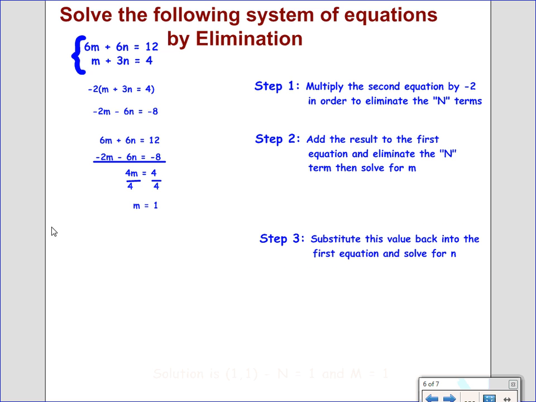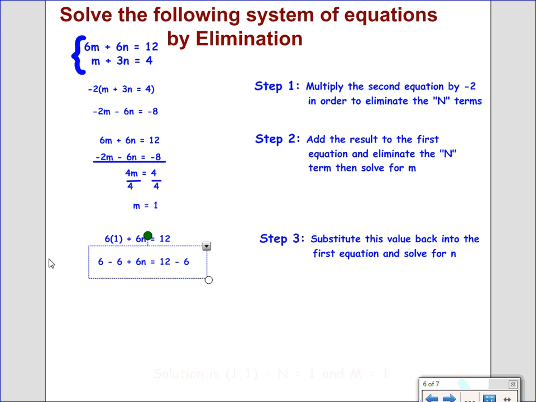The next step, I want to substitute the value of m back into the other equation to solve for n. So 6 times 1 represents 6 times m plus 6n equals 12.